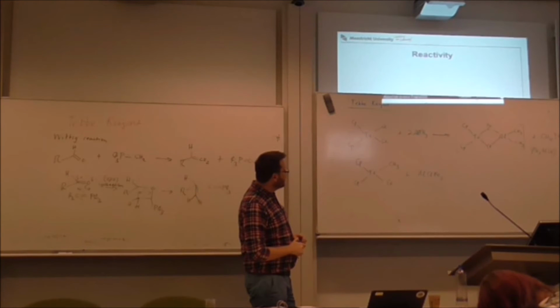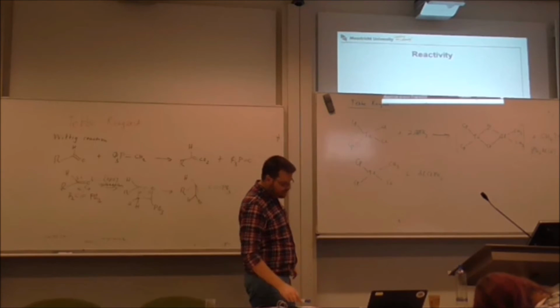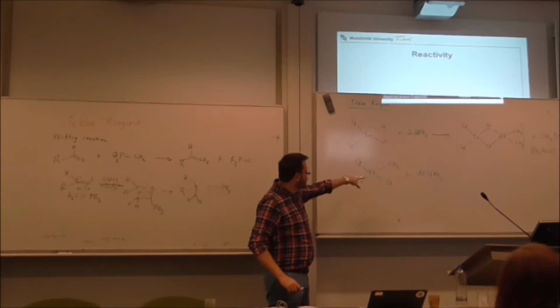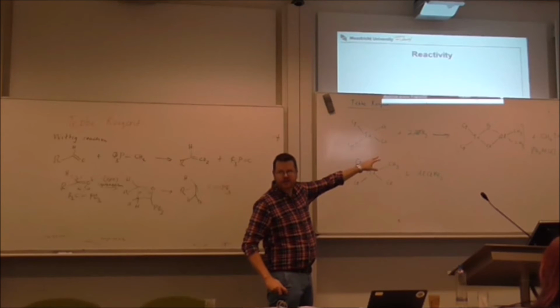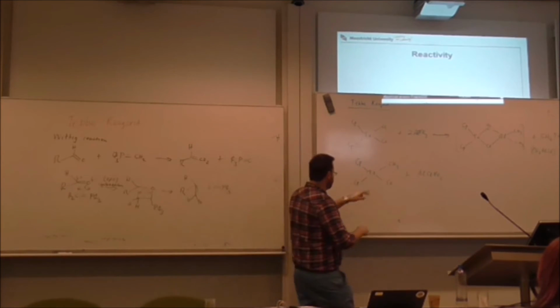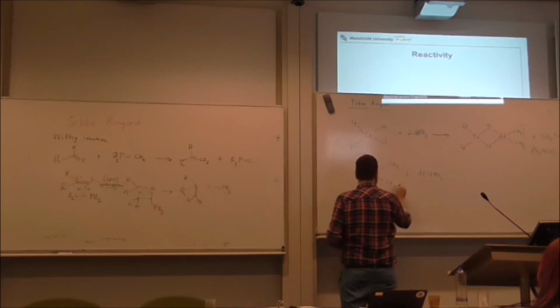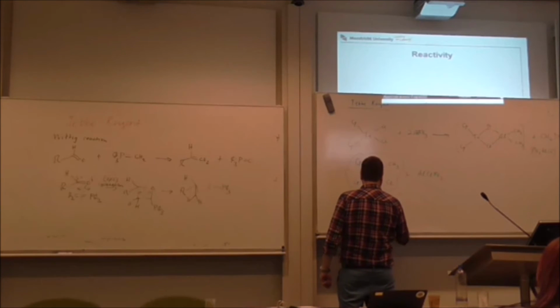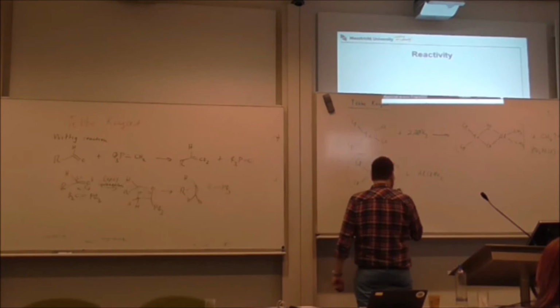And then what actually happens is we've now generated this thing over here with the first equivalent. Do you all follow that? It abstracts the chloride and alkylates it. Now this thing is generated, and it's going to react now with another equivalent of trimethyl aluminium.